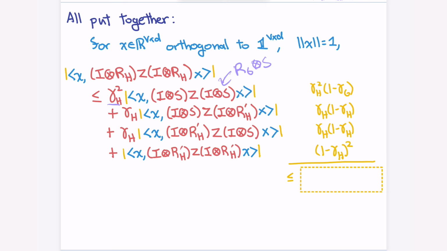All right, what happens when I add all these up? If you sum things up, you will get a sum. Okay, what sum will you get?